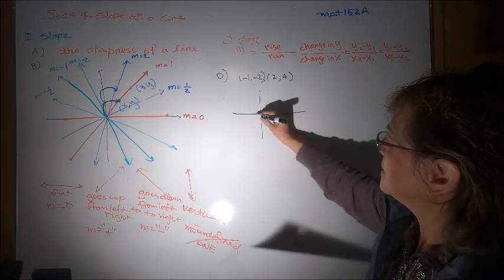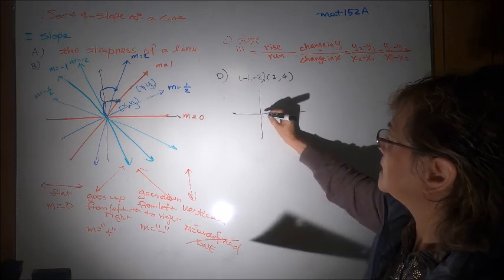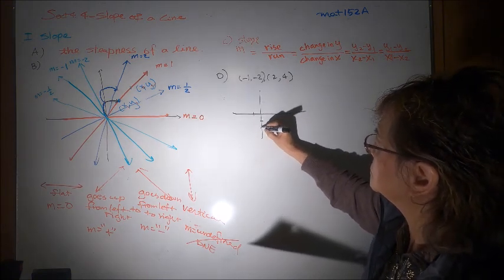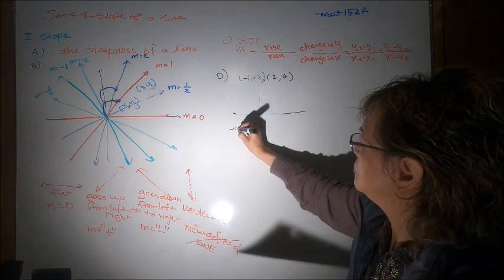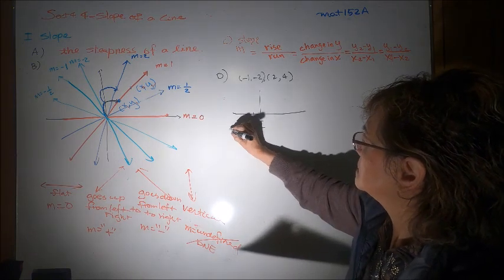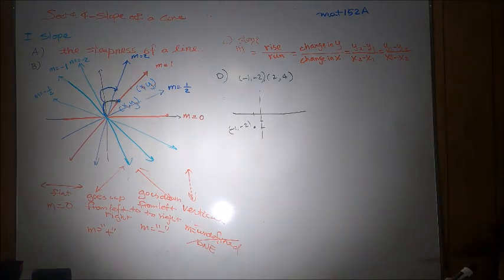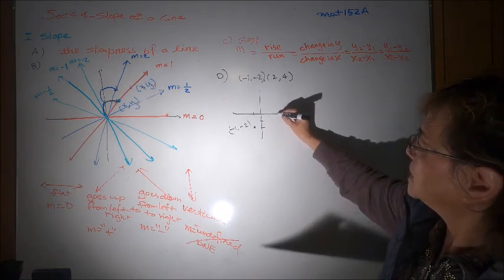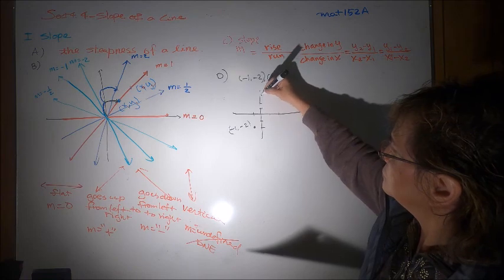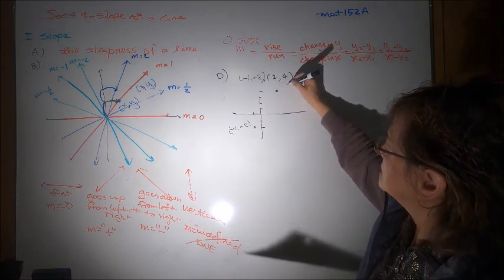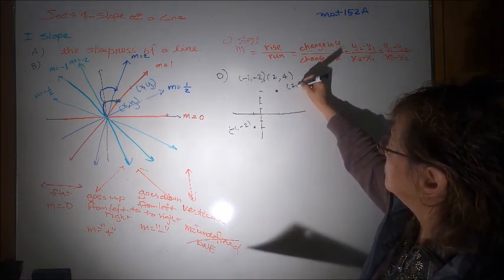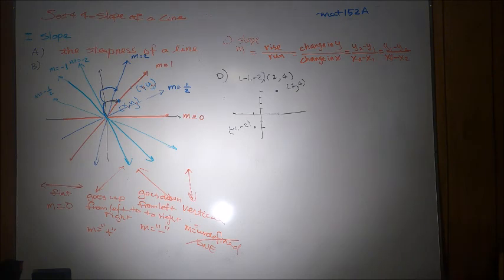You go left and right first, then you jump up and down, right? (-1, -2) would be here, in the 3rd quadrant, right? Where's (2, 4)? 1, 2, and 4: 1, 2, 3, 4. It's right here. (2, 4) would be in the 1st quadrant.